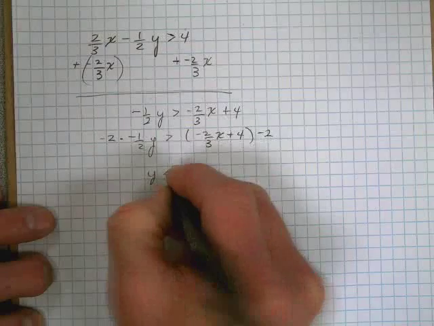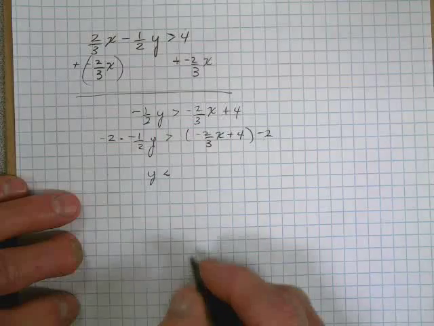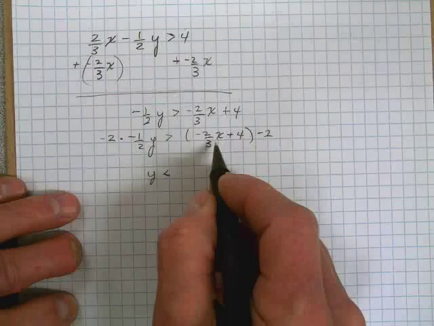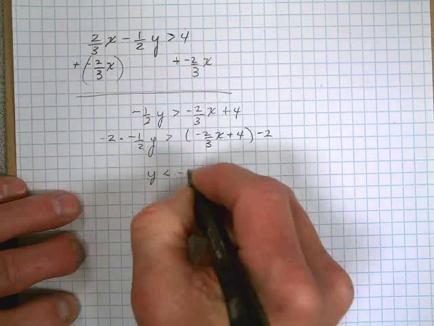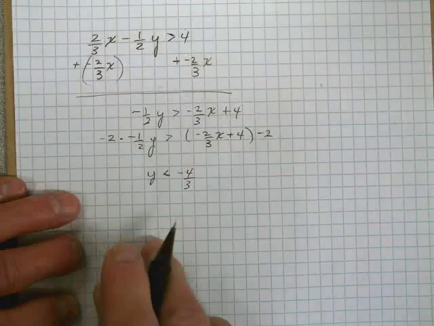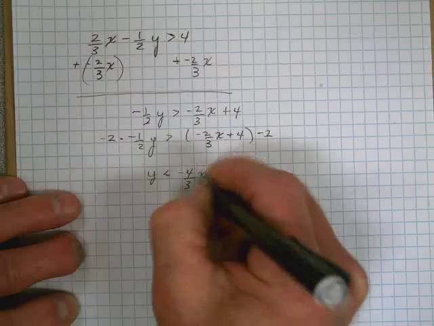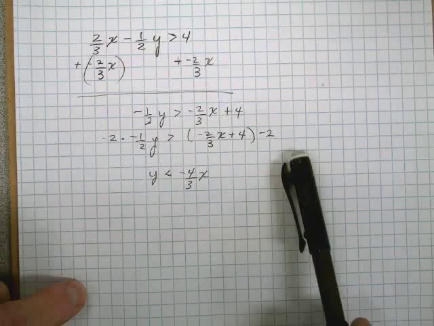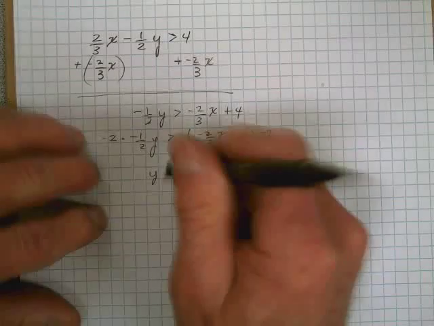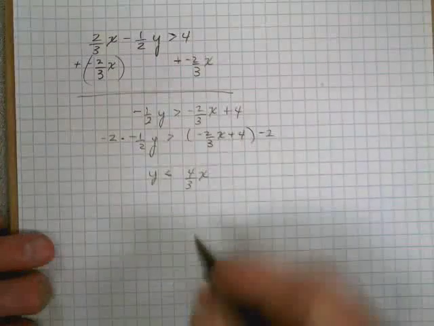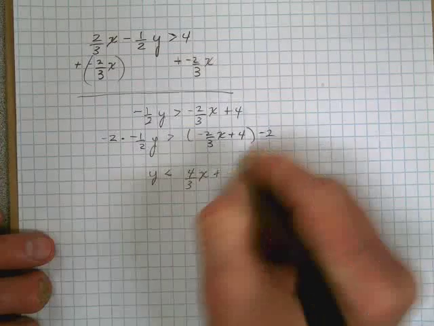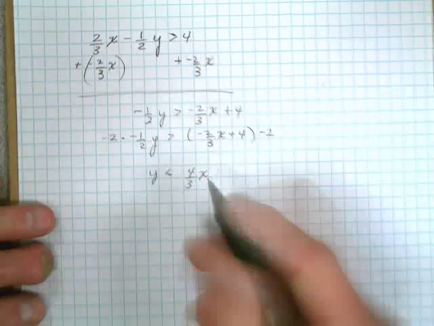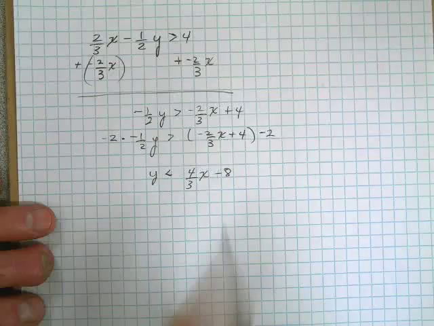So y is less than, -2/3 times -2 is -4/3... whoops, made a mistake again. -2 times -2/3 is +4/3, so 4/3 x, plus negative 2 times 4 is negative 8, so minus 8.